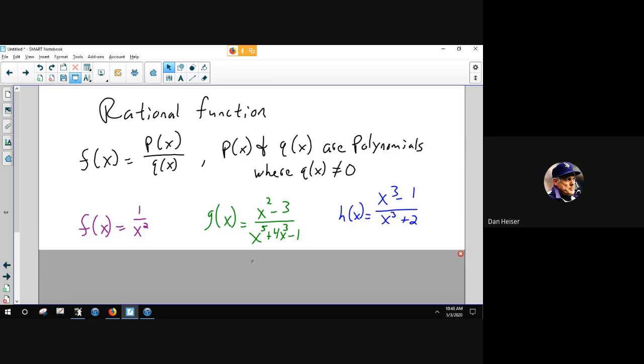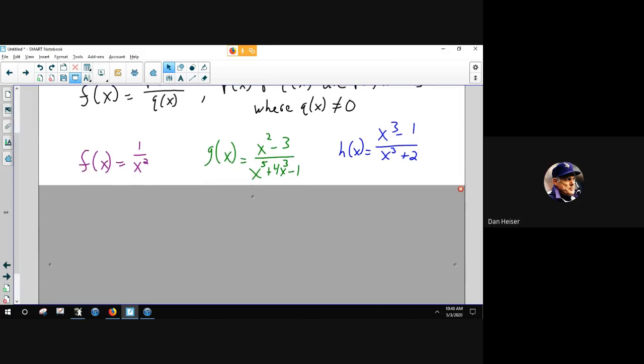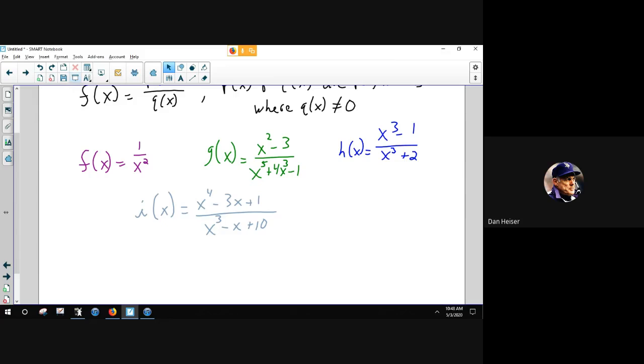Here are some examples of rational functions. These are not examples you really need to write down because there are an infinite number of rational functions. Here are just some things to observe about them. Notice that every single one has a denominator with a variable, and also notice that some have variables in both.